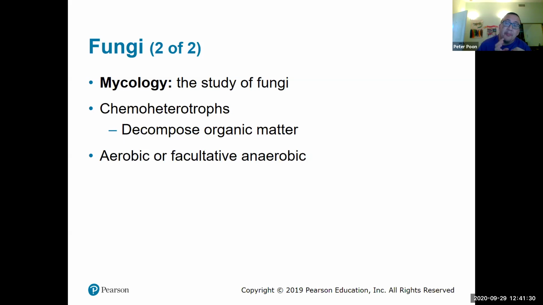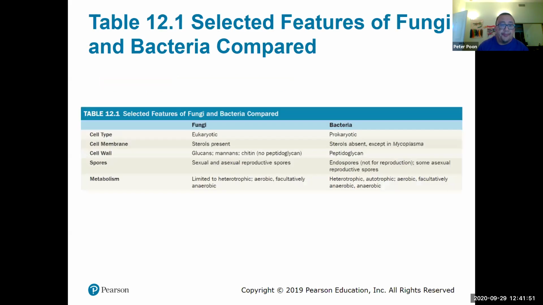So they have to mostly decompose organic matter around them, like eat dead stuff, or things around them. They're either aerobic or facultative anaerobic, which means they prefer to have oxygen, but they can survive without it.